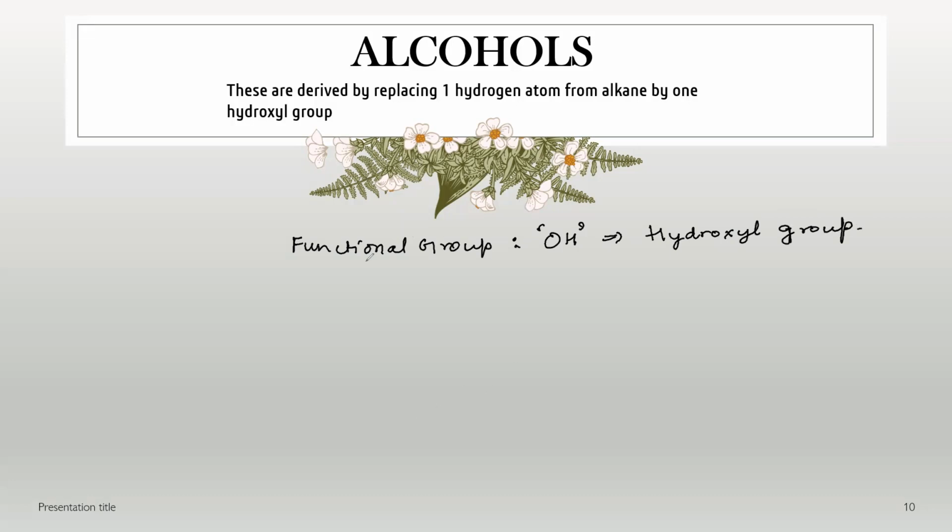Okay. So how to write the name? Take any alkane, drop the E, add OL, and name it as alkanol. Now let us try to make the first member. The first alkane we have is methane. So for methane, I will eliminate the E and add OL.